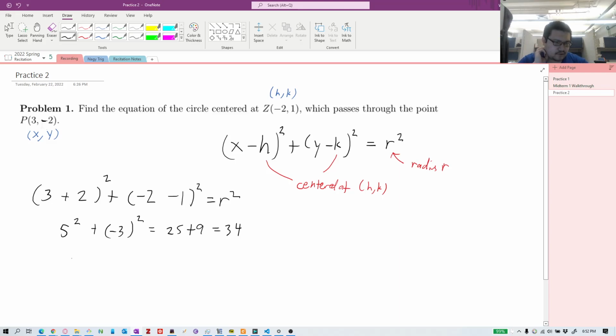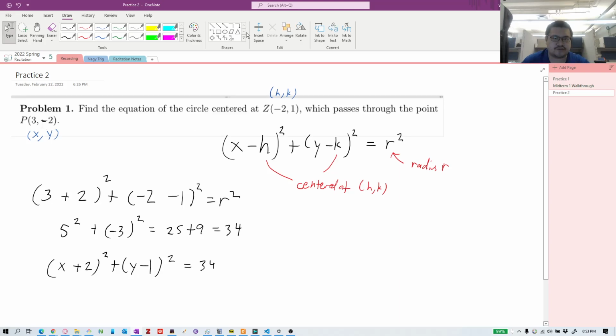Yeah, that looks right. Okay, so then lastly, we want the equation of the circle. So now I only plug in my h and k. So x plus 2 squared plus y minus 1 squared is equal to 34. And that's my equation of the circle.